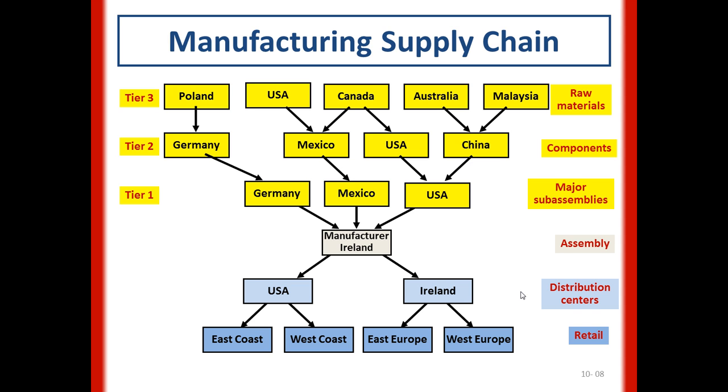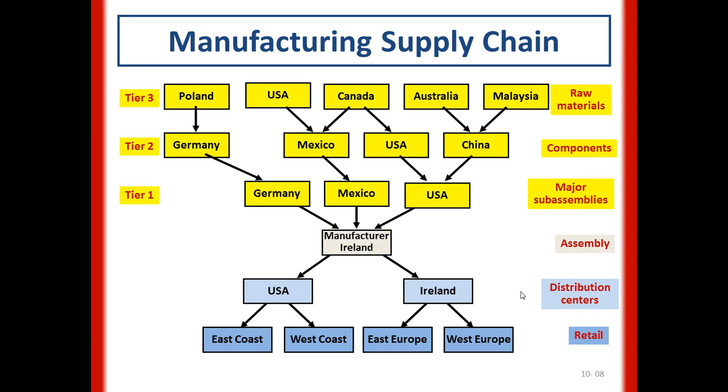In this figure, the manufacturer in Ireland is in the center. We call it the central firm. The manufacturer buys parts, material, and sub-assemblies from suppliers, which can be divided into many tiers. Supplier tier 3 supplies material to supplier tier 2.